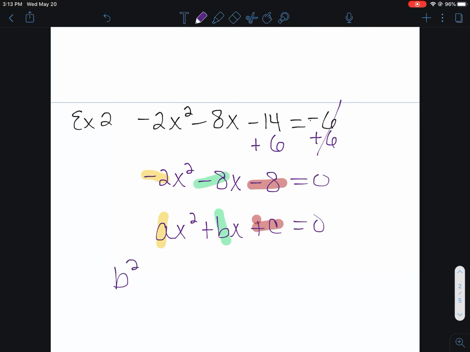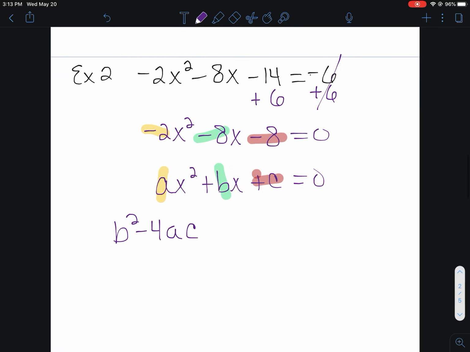So now if I'm filling in b squared minus 4ac, I'm going to have b squared, which is negative 8 squared, minus 4 times a, and a is negative 2, times c, and c is negative 8.